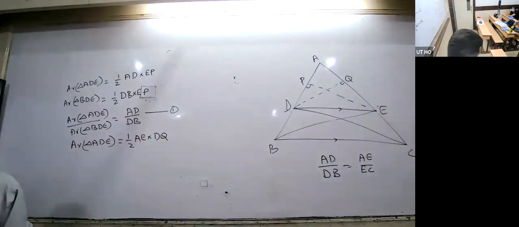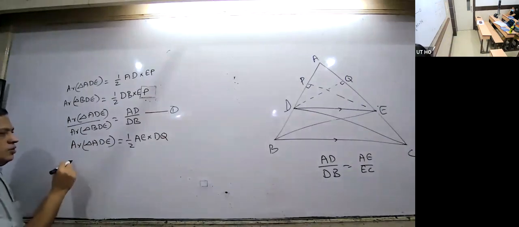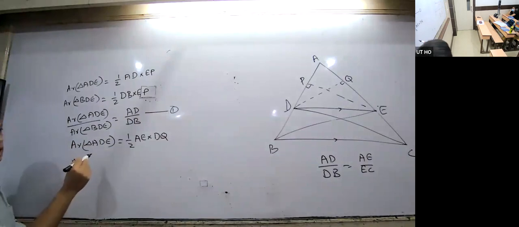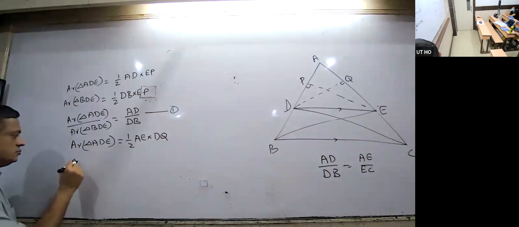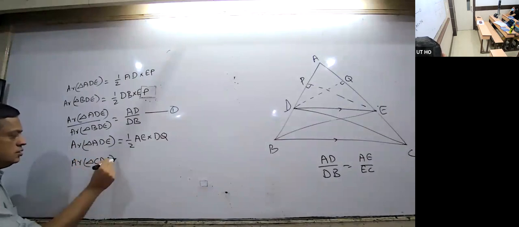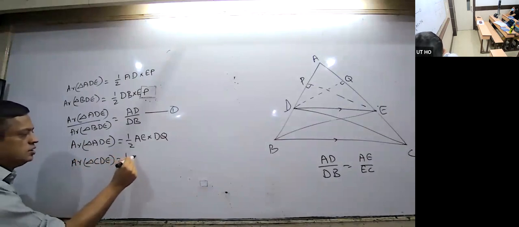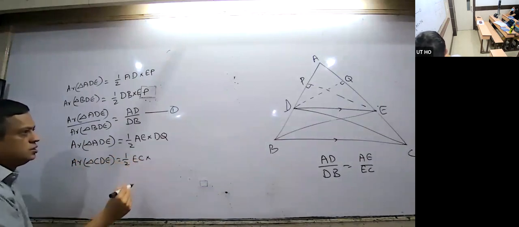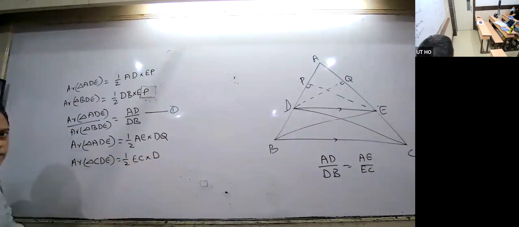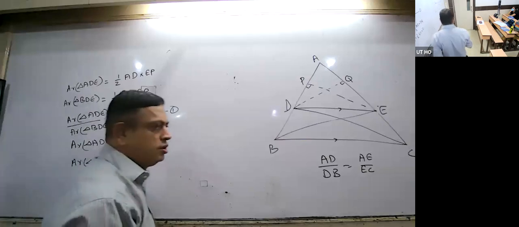Why we are taking this, we will come to know. Now we will take the area of triangle CDE. Have you seen triangle CDE? That is half into EC into DQ. Yes or no, sir? Look here.